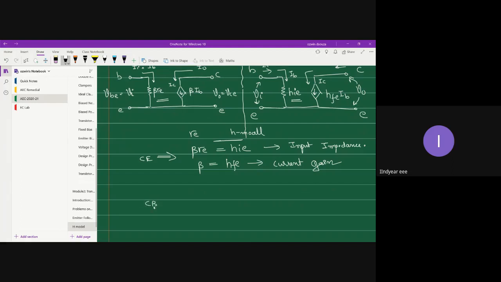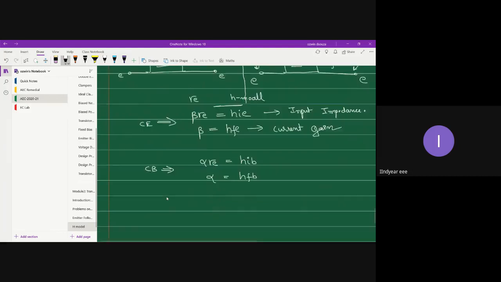On the other hand, if you had taken CB configuration, instead of beta re you would have had alpha re, and that alpha re you would have compared with hib. And alpha would have been your hfb. This is for common base configuration.